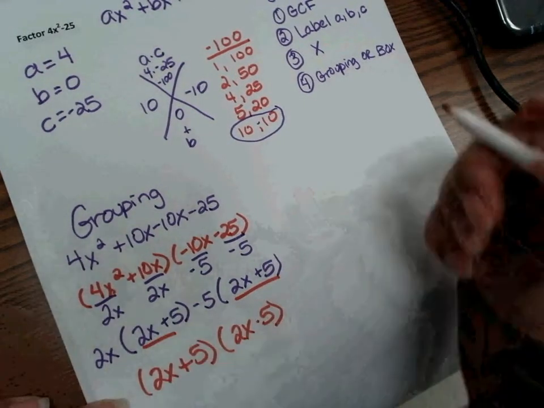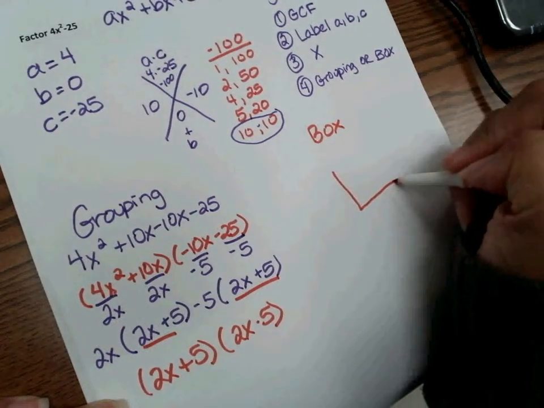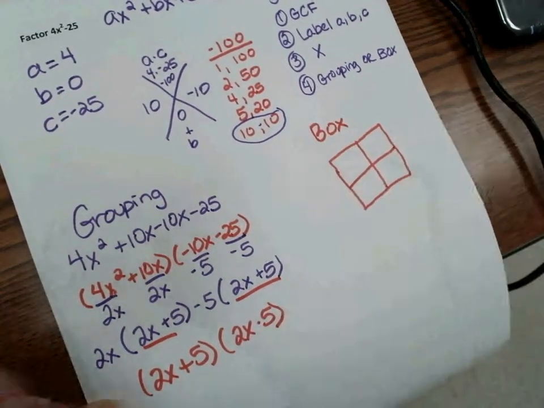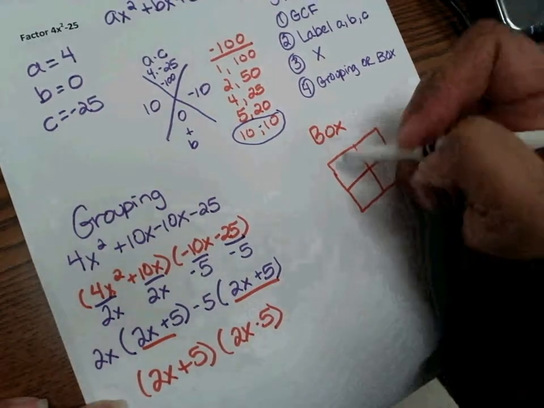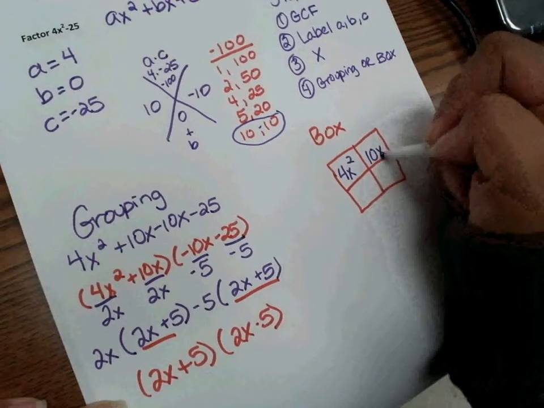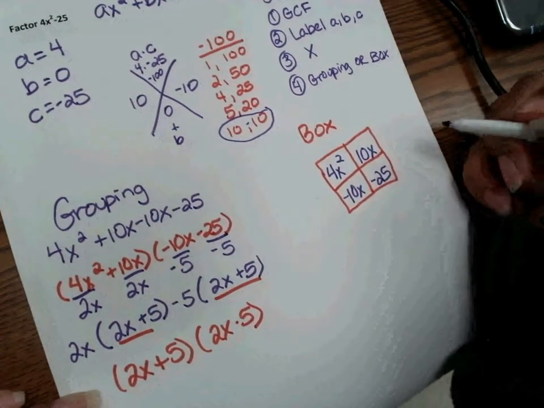Now, for those of you who like the box method, same thing. I'm going to take my 4 terms and input them into the box. So I have 4x squared, 10x, negative 10x, and negative 25. Okay.